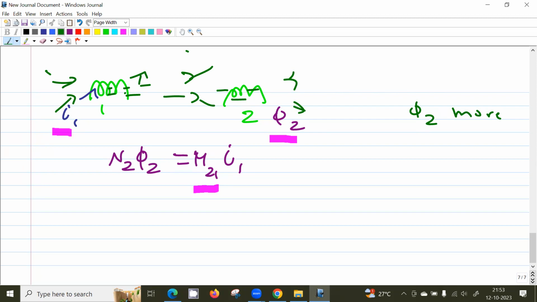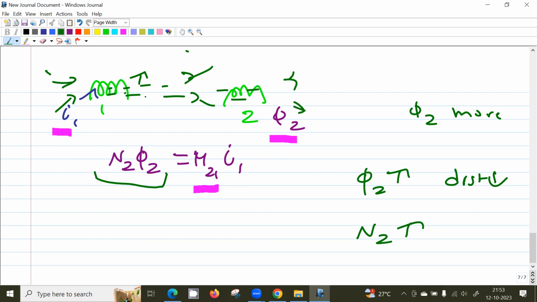Another way to increase the flux linking the second coil is to increase the number of turns of the second coil, because this is the total flux linking the second coil. One way is to decrease the distance between 1 and 2, because the source of this flux is the current I1.